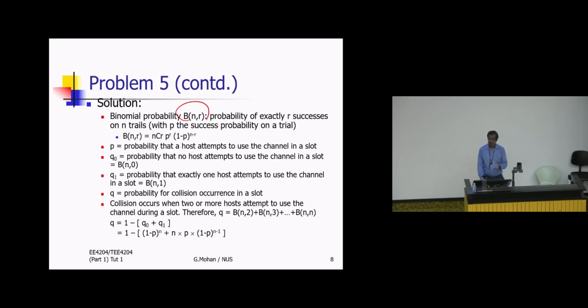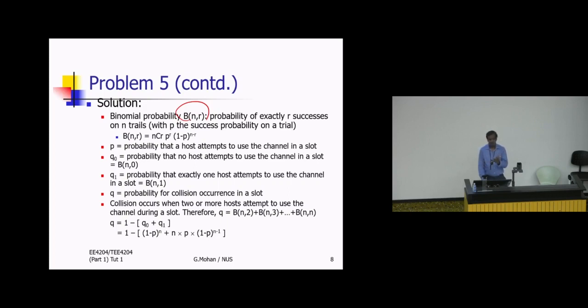Let's say you toss the coin n number of times. There's a probability that you don't get head at all out of n tosses. There's a small chance. There's a probability that you get head all n times. Similarly, there's a probability that out of n you get exactly one head, the remaining are tails.